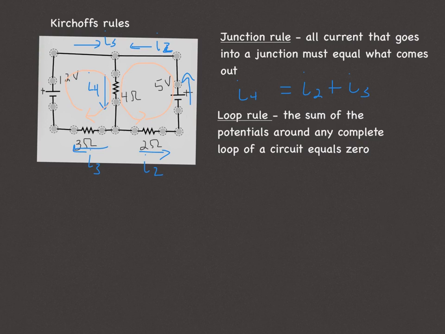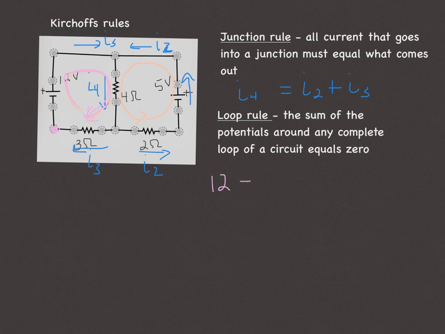So I'm going to use those two loops right there. Change this color. Make that one pink. All right. I'm going to move through the left-hand loop, and I'm going to start here. So as I move through this wire this way, I'm going to gain a potential of 12. Then I don't hit anything until I hit resistor 4.